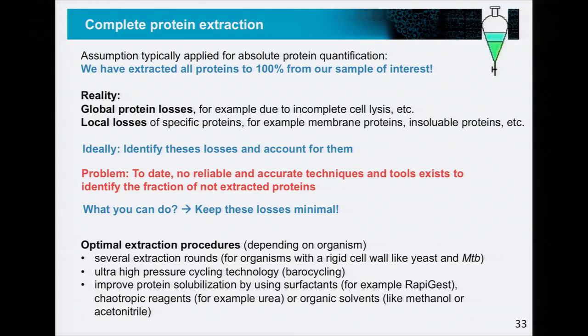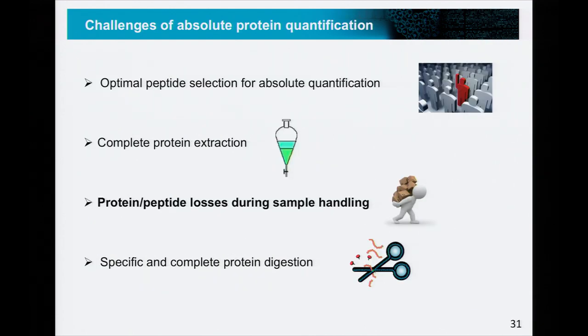There are maybe also new technologies like ultra high pressure cycling technology, where you lyse your cells at ultra high pressure, which can improve cell lysis. Or you can try adding improved protein solubilization additives to your buffers, like surfactants, chaotropic reagents, and organic solvents. These are all things that you can try, and when you want to do absolute quantification it makes a lot of sense to consider them. When you do relative quantification, it's maybe less important to find the optimal protocol for your sample prep.